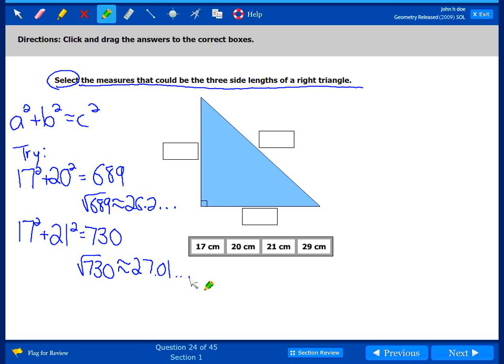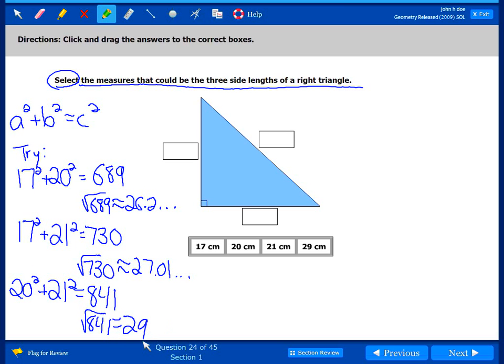So it's not going to be 17 squared plus 21 squared. The last option we can try is 20 squared plus 21 squared, which is 841. The square root of 841 will get us 29.